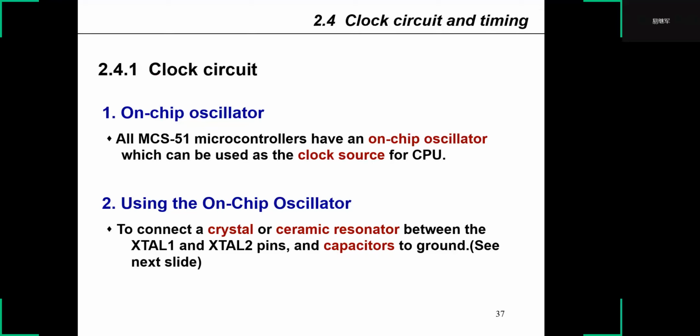Clock circuit, on-chip oscillator. MCS51 microcontrollers have an on-chip oscillator which can be used as the clock source for the CPU.